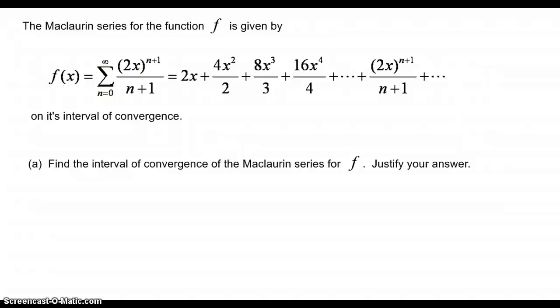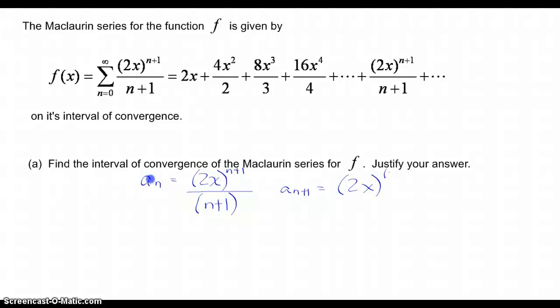And so that comes from starting with a sub n, which is 2 times x to the n plus 1 over n plus 1, finding a sub n plus 1, which is 2 times x to the n plus 1 over n plus 1 plus 1.